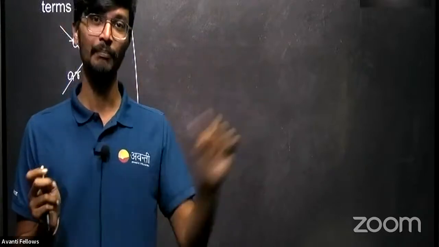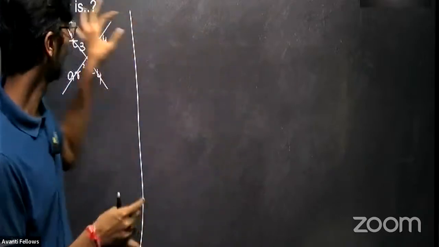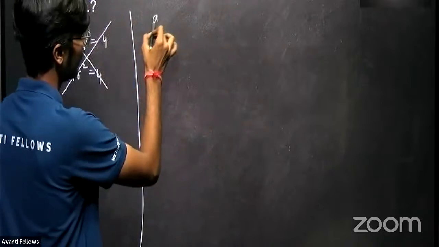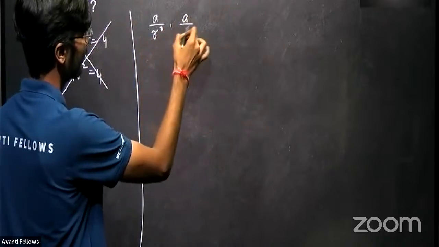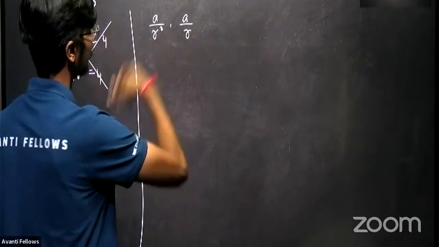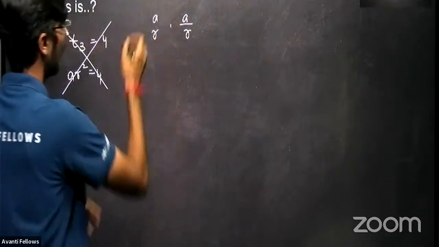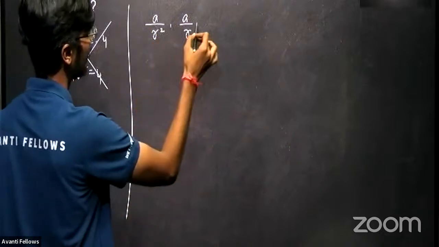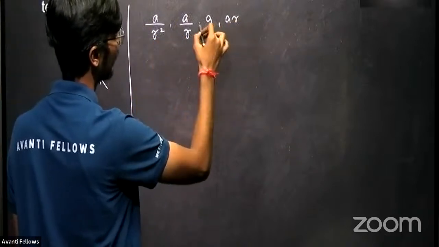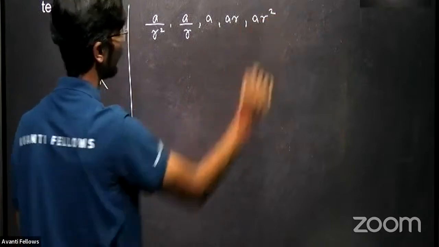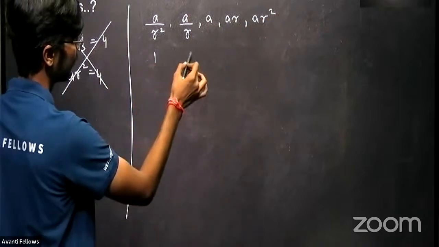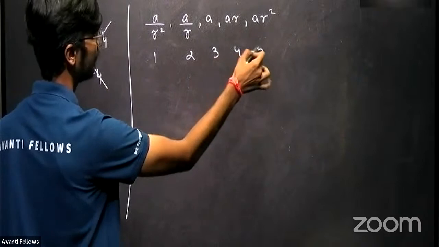A minus D, A plus D. Same way, I can assume the 5 terms in GP as A upon R square, A upon R, A, AR, and AR square. So this is the first term, second term, third term, fourth term, fifth term.